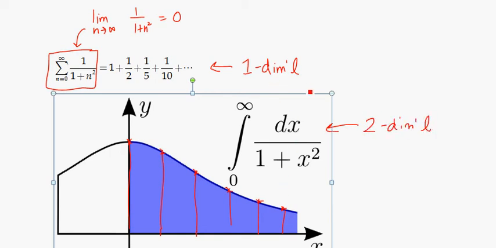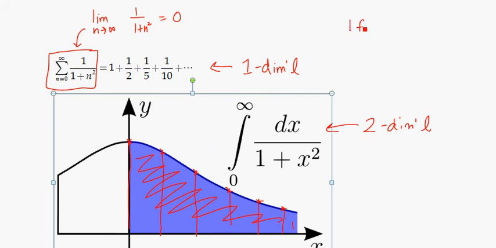But even though they're totally different dimensions, I think it is reasonable to see that if this area adds up to some finite value, that the improper integral actually converges.